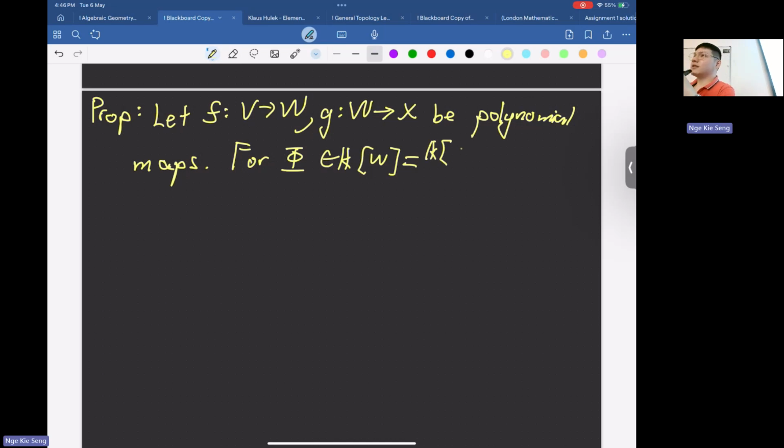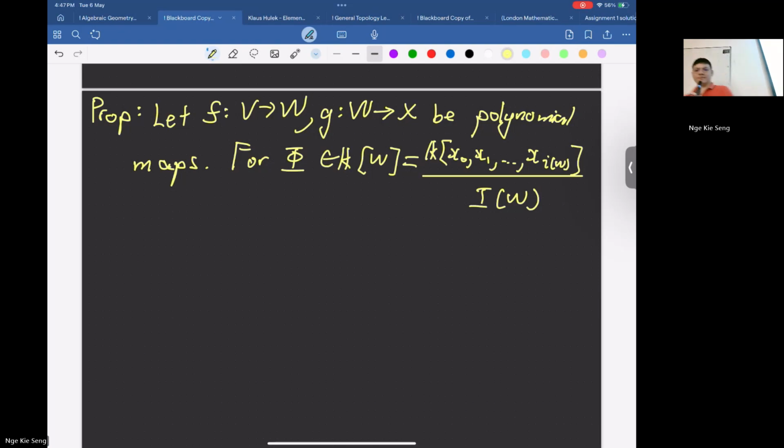It is K adjoin x0, x1, up to some index depending on this W, then quotient by the ideal attached to this W, so all the functions that vanish on it. So you evaluate this, you'll get a number in K.